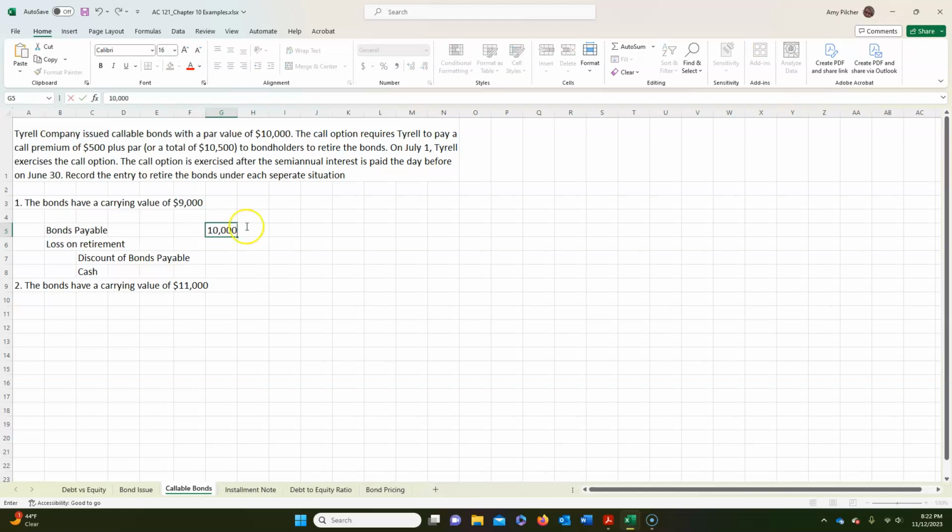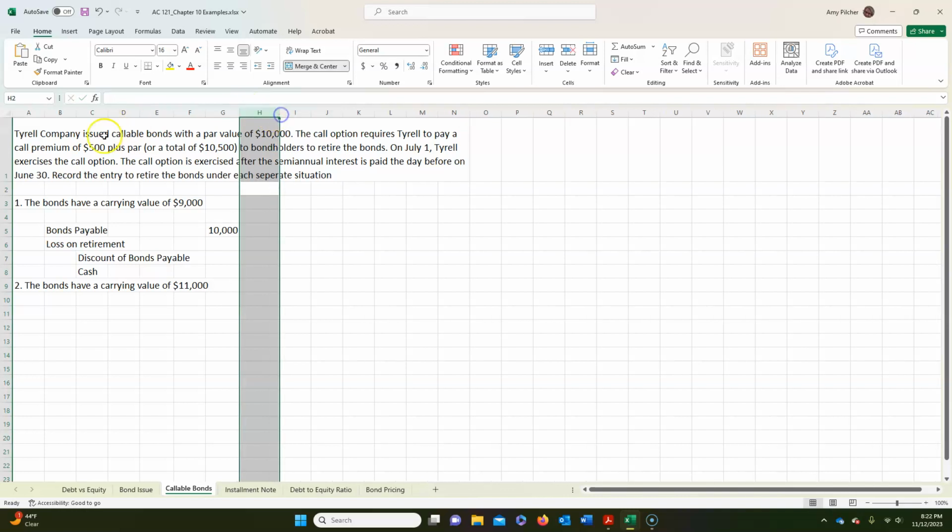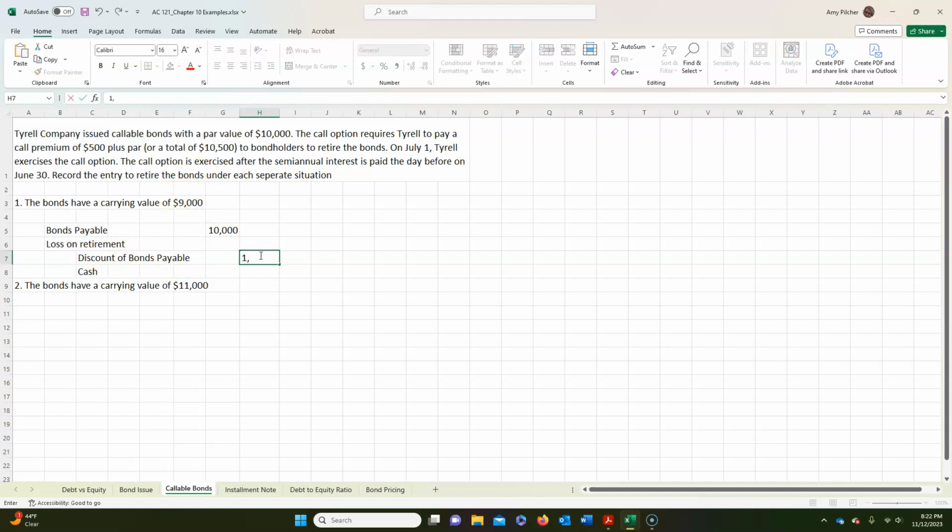So $10,000. We have this discount on bonds payable, so they're carrying at $9,000. We currently have a $1,000 discount. And we're going to pay $9,000 cash because that's the current value. We have to pay $10,500 in cash to retire the bonds.